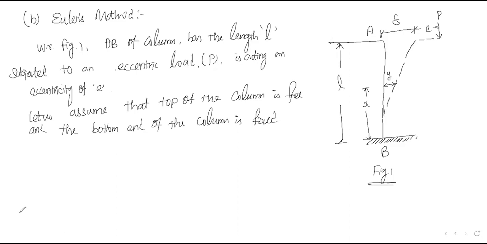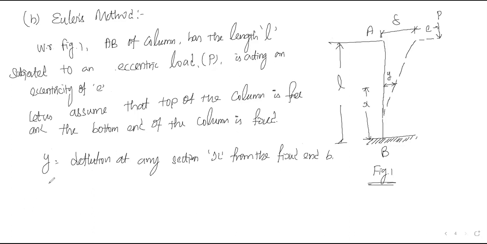Now we all know that y is equal to the deflection at any section x from the fixed end B, and delta is equal to the maximum deflection at the free end, at the top.